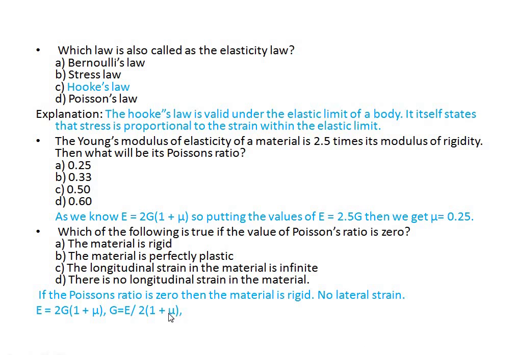But if this value is assumed to be 0, then G will be maximum. If mu is 0, then G will be the maximum. G is the rigidity modulus, so if G is more, then the material is rigid. So the answer is the material is rigid.